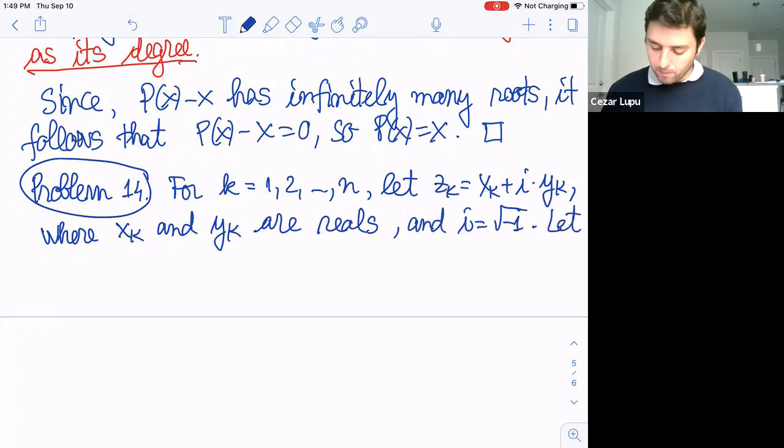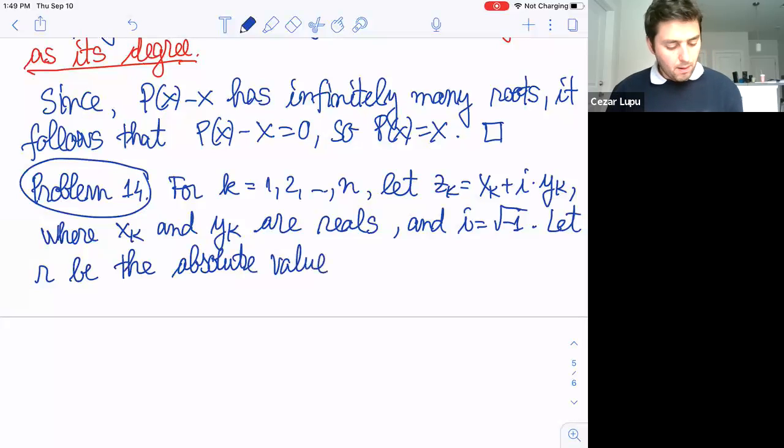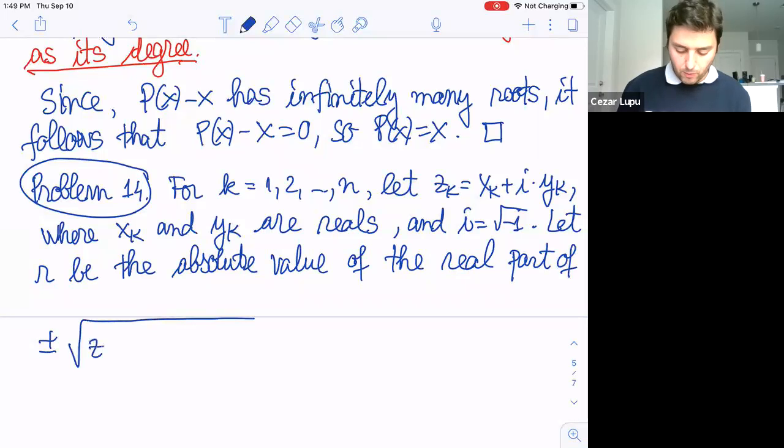And now let r be the absolute value of the real part of plus or minus z1 squared plus z2 squared plus and so on up to zn squared.